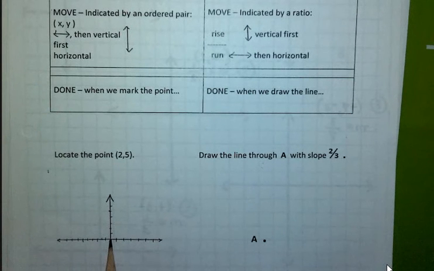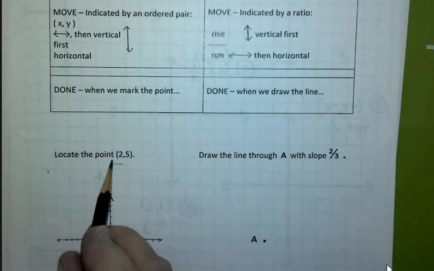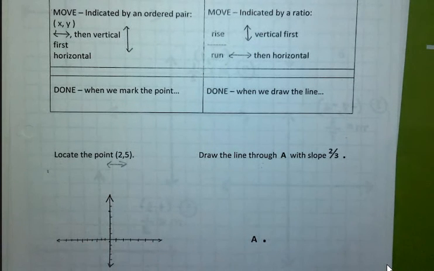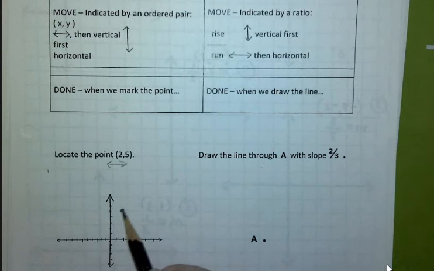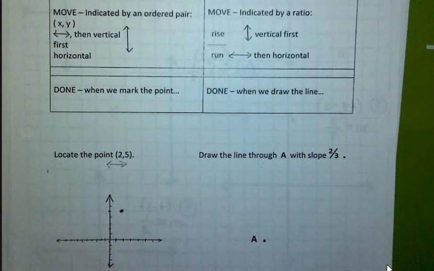So I'm going to start at (0, 0), and then because the 2 is the first coordinate, I'm going to have a horizontal movement 2 places to the right, 2 spaces. So I count 1 space, 2 spaces, and then before I mark the point, I have to have my vertical movement, which is going to be 5. So I go up 1, 2, 3, 4, 5. So when I go over 2 and up 5, that's where I want to mark my point. And I'm done when I mark the point.